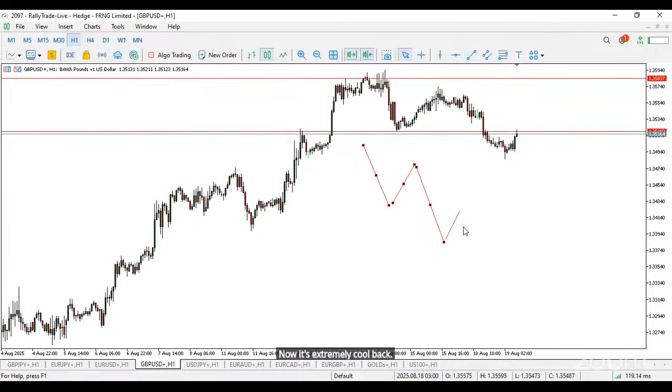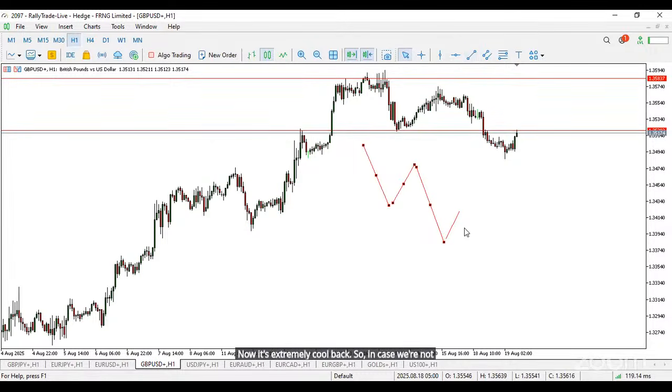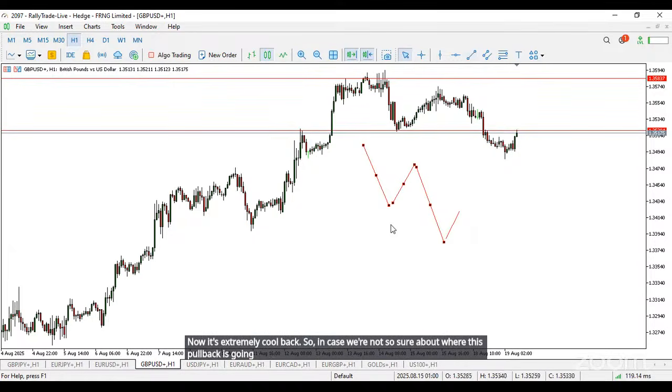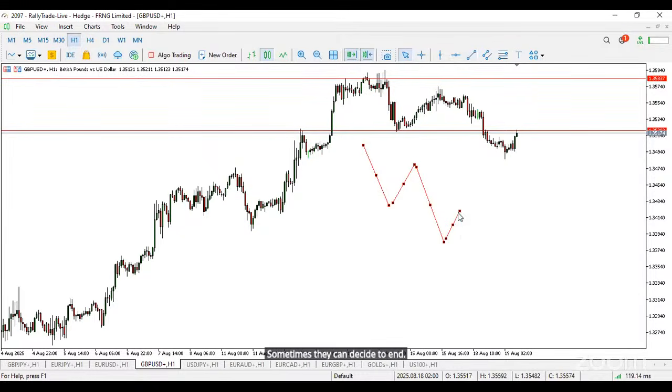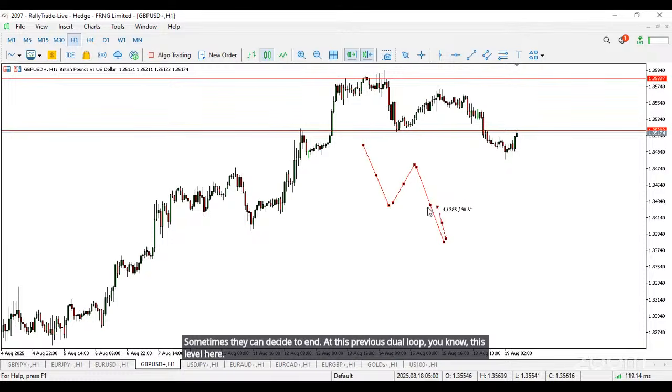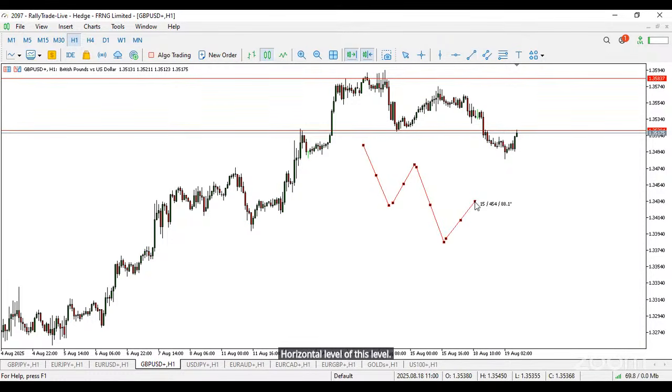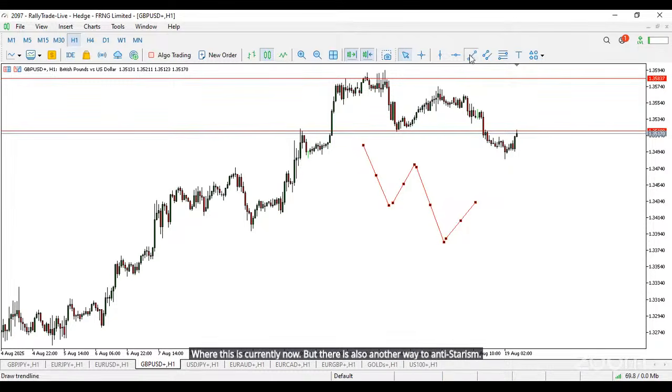In case we're not so sure about where this pullback is going to end, sometimes it can decide to end at this previous lower low, this level here, the horizontal level, and decide to end its pullback there, like where this is currently now. But there is also another way to enter strategically. If it's going to continue, then you can use a sell stop.